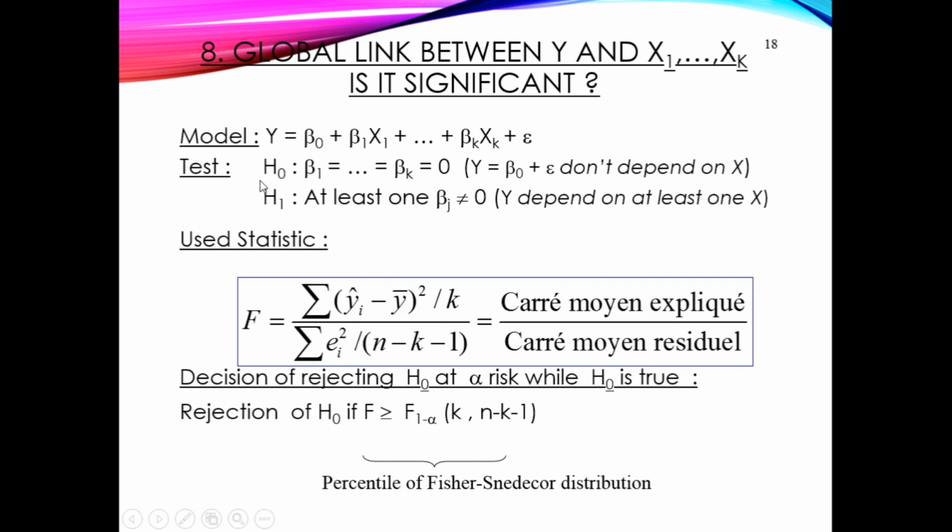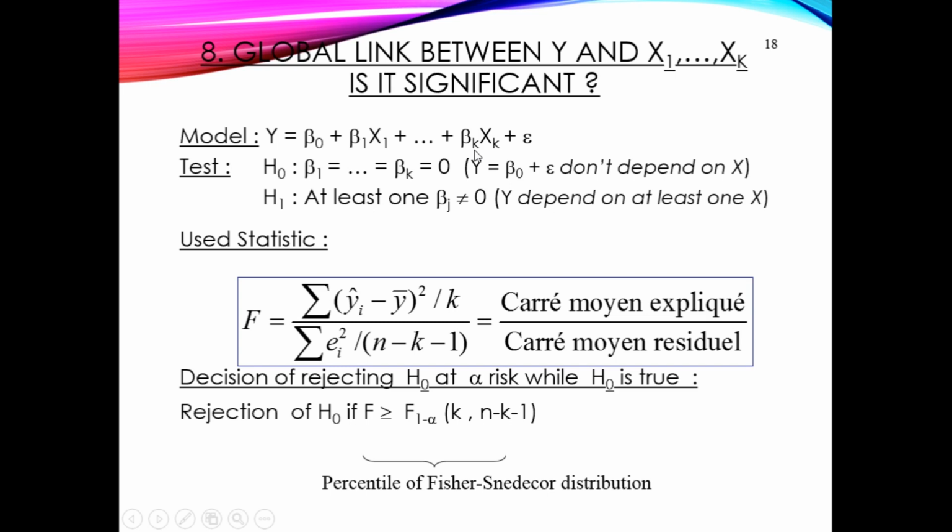That means that the factors that we chose at the beginning are not significant globally. So we were wrong choosing x1 to xp as factors, and the alternative hypothesis is that at least one coefficient is different from 0.